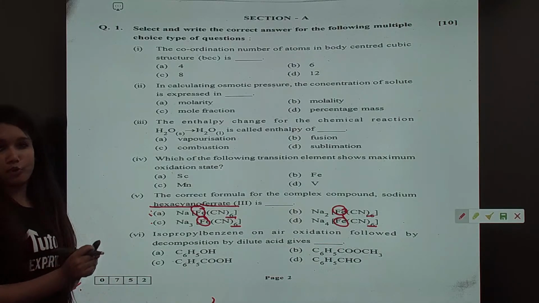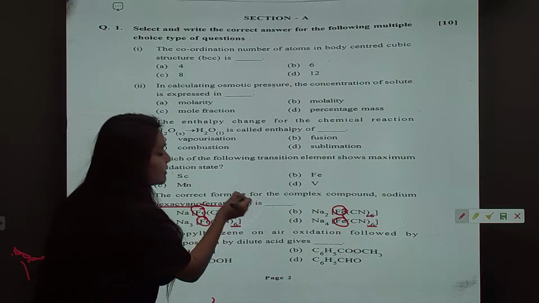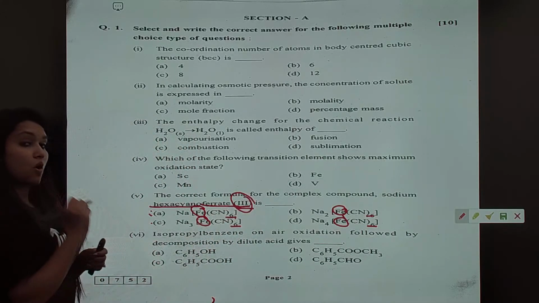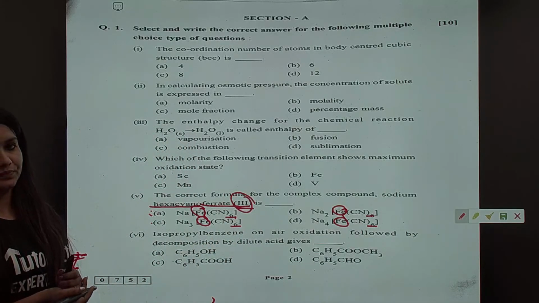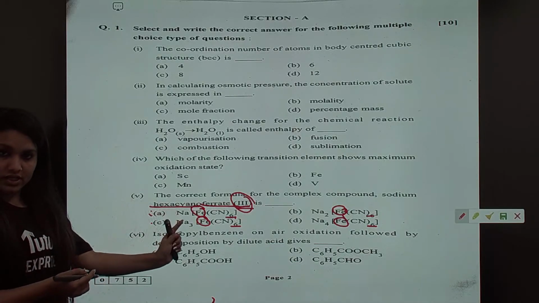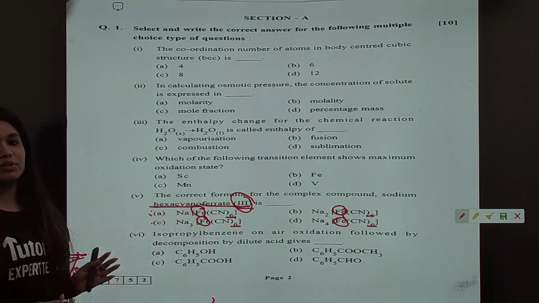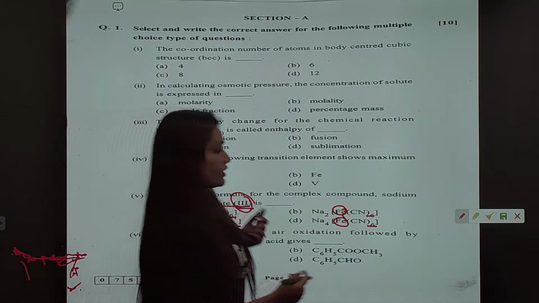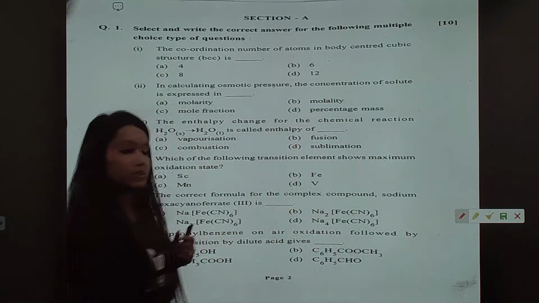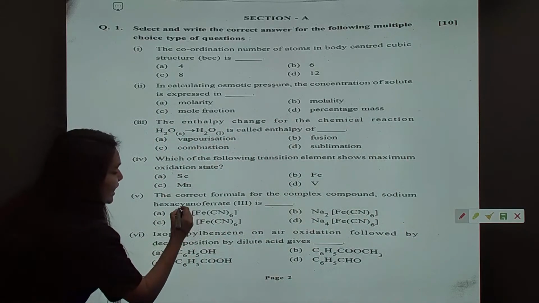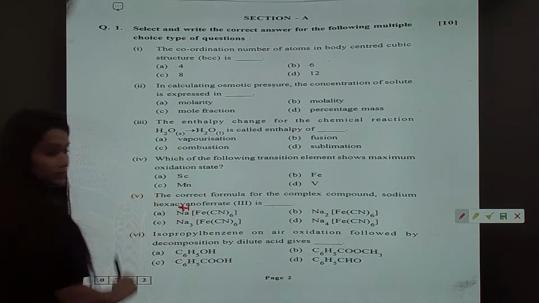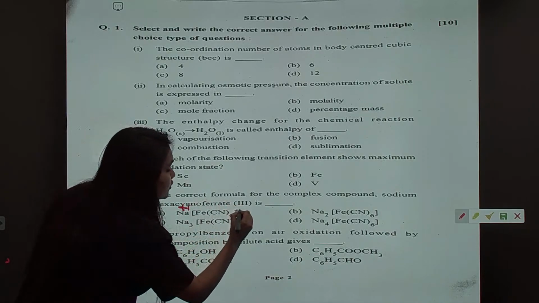Now the most important thing in the question is this 3, which is the oxidation state of Fe. So if you figure out the oxidation state of Fe in all 4 compounds, you'll be able to get your right answer, right? So let's start with the first compound. See, the charge on Na, as we all know, is +1, which gives an overall charge of -1 here.